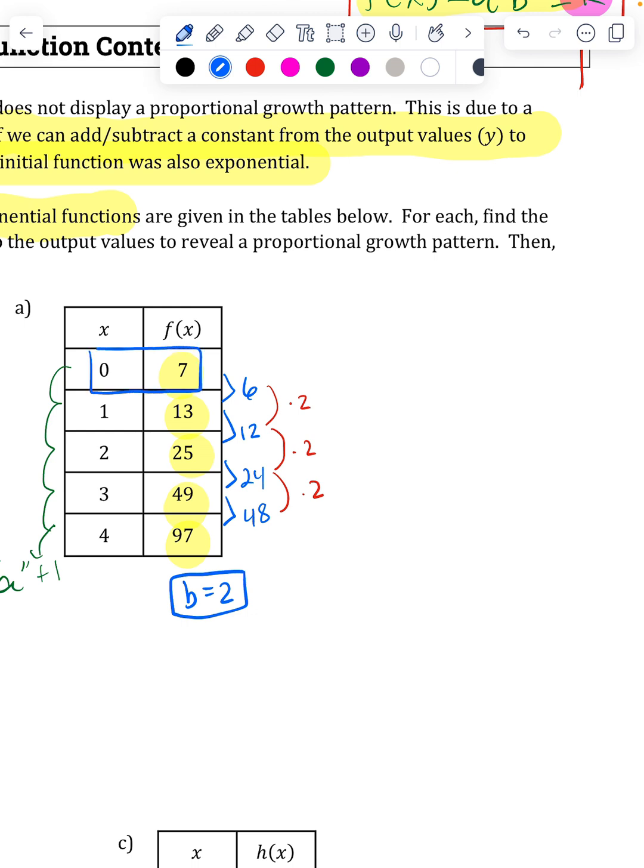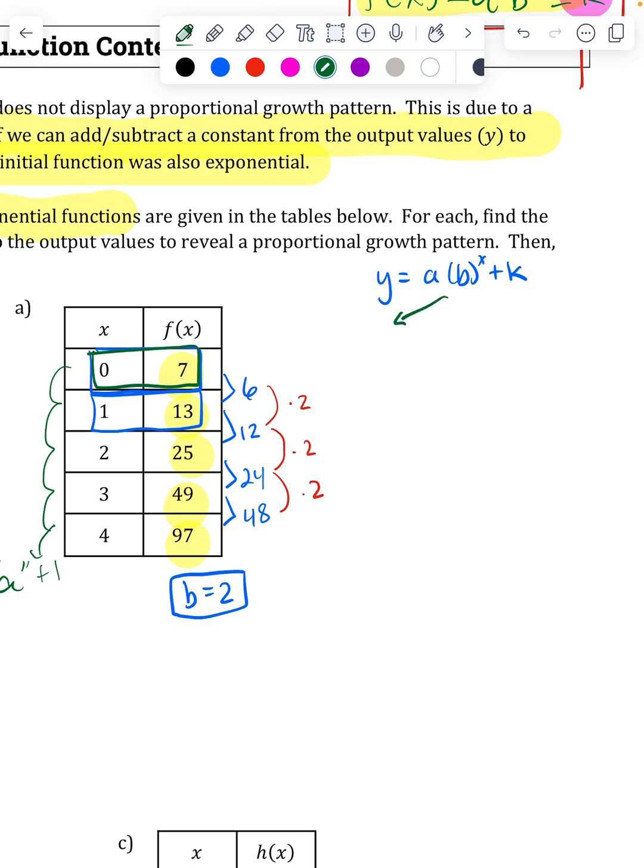I'm going to pick these 2 points to do so. Keeping in mind that basically our problem is y equals a times b to the x power plus some k value. And we do not know x and we do not know a and we do not know k. So let's set up 2 equations. Let's do these guys first.